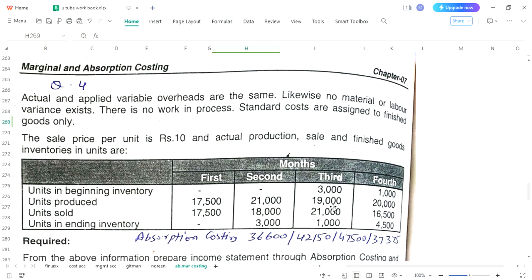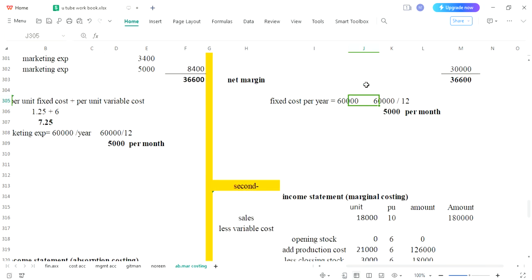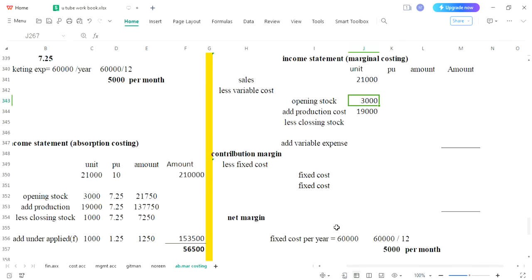And then 21,000 units sold. Put 21,000 units sold. You will have to take extra care while writing this. So 1,000 ending inventory. 1,000 would be put over here.